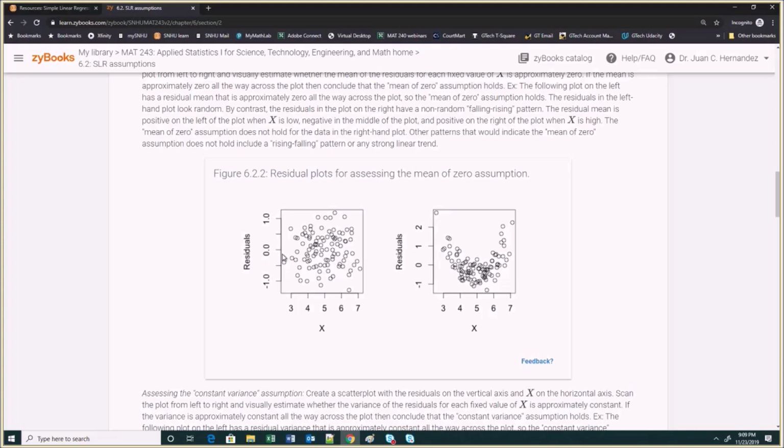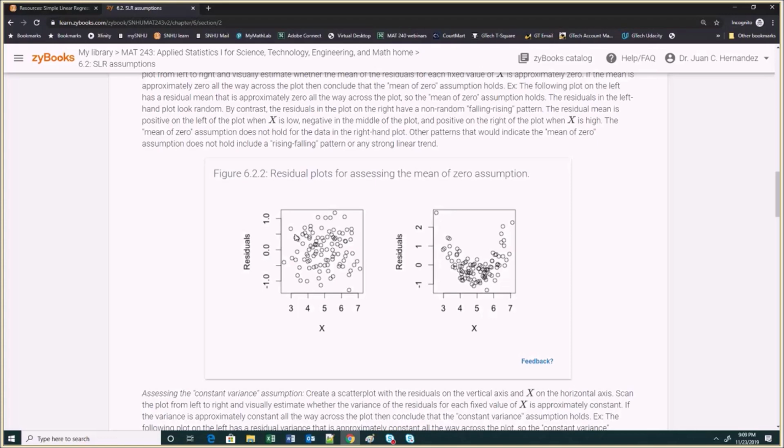So in this particular case, that requirement is satisfied. However, if you look at the graph on the right, the residuals, the error terms, are all grouped at the bottom. So in that case, the mean value is not 0. Once again, the graph on the left satisfies the requirement of the mean equal to 0 because it has an even distribution.